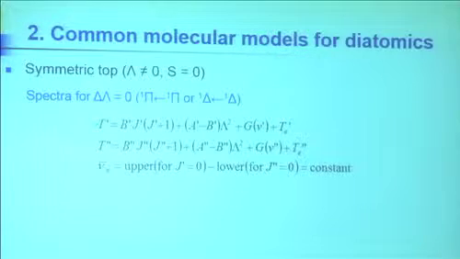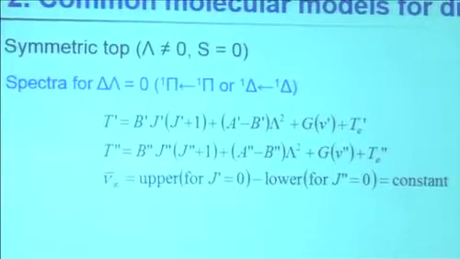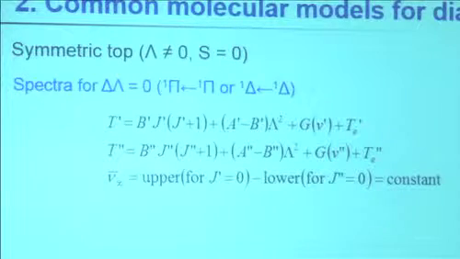Now, T prime, that's the energy of the upper state. So I've got an electronic state that I haven't really characterized, except I've said delta spin is 0, but delta lambda can either be 0 or plus or minus 1. So I have the energy expression for the upper state and the energy expression for the lower state. If the lower state was the ground state, that term right there would be 0.